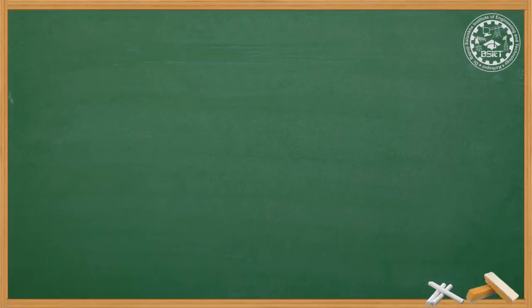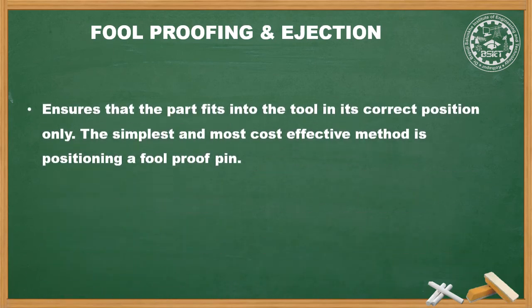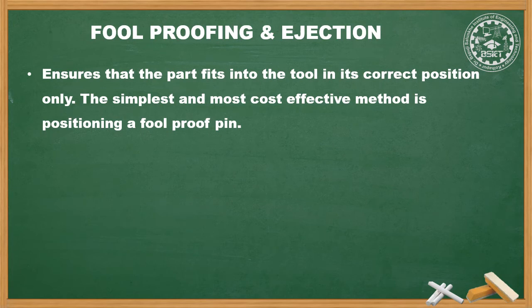The next part is foolproofing and ejection. Foolproofing and ejection ensures that the part fits into the machine tool in its correct position only. The simplest and most cost effective method is positioning a foolproof pin.